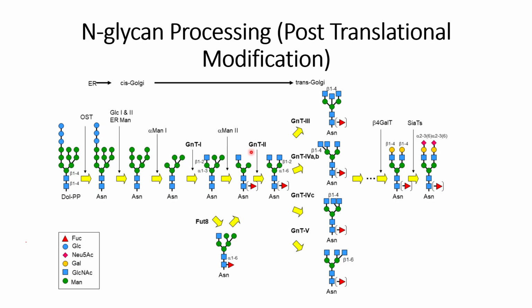And thereafter, this GNT2 enzyme will lead to the formation of this beta 1,2 GlcNAc at the alpha 1,6 bond linkage of the mannose structures. Thereafter, it can go into different kinds of structures based on the enzymes it comes to interact with, if the protein interacts with GNT3 for example. These things depend on many factors.